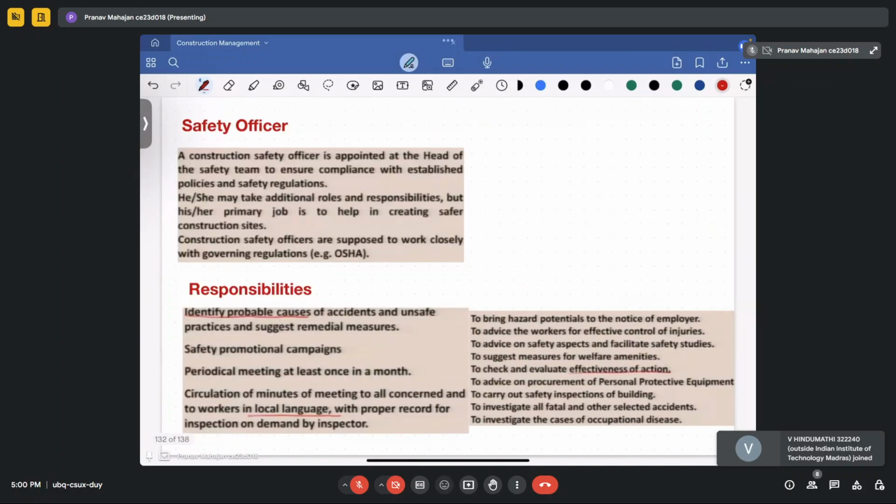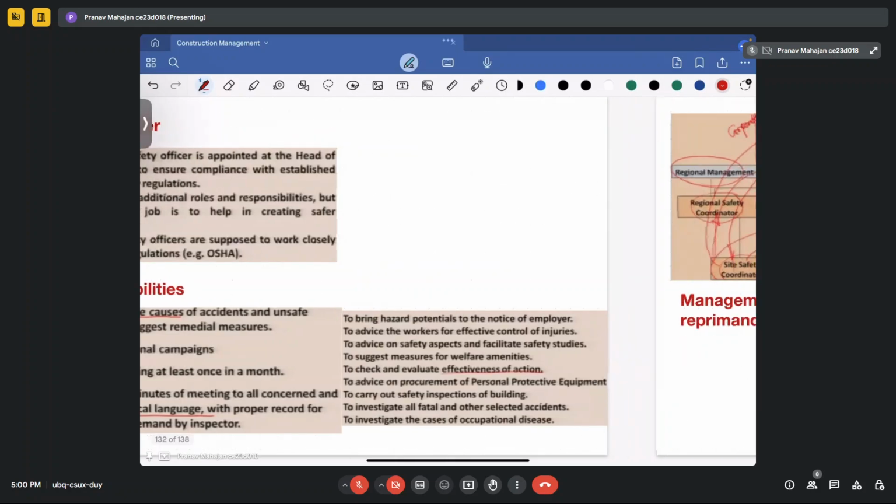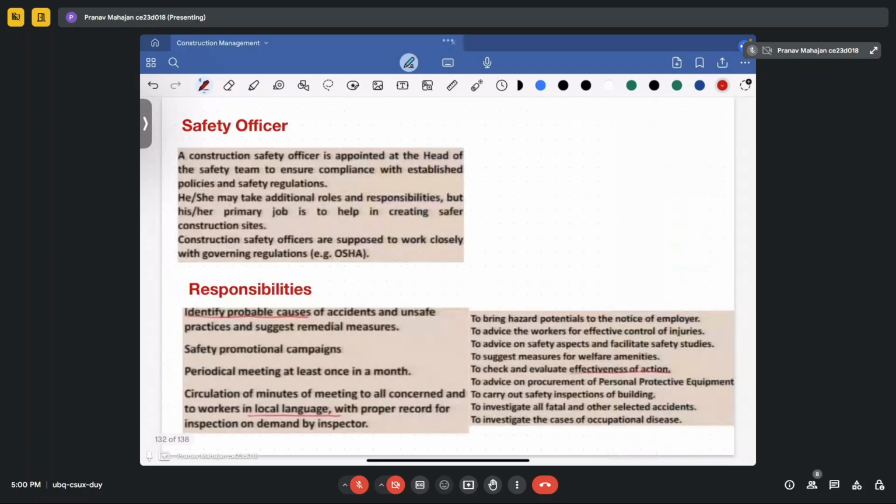Okay. There are certain responsibilities of the safety worker who is employed in that particular work. So how do you define a safety worker? A construction safety worker is appointed at the head of the safety team to ensure compliance with the established policies and safety regulations.